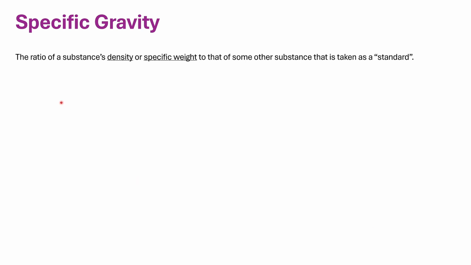Next important property is specific gravity, and that is the ratio of a substance's density or specific weight to that of some other substance that is taken as a standard. For example, as a standard, we can compare the density or specific weight of other materials to water.